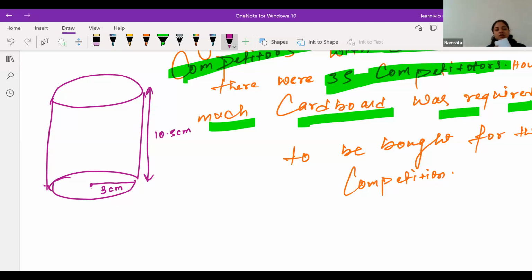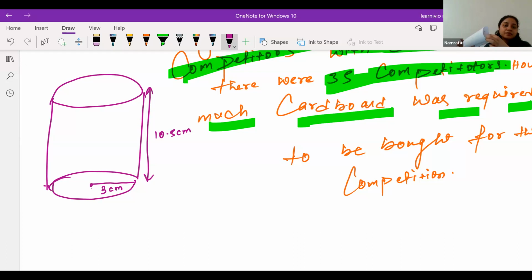If we are finding the total surface area, that means it is covered from the upside also and from the downside also. Like this. Now from where will you put the pen? You will be finding, Yatika, the curved surface area and only one circular base area. The top one will be open, right?